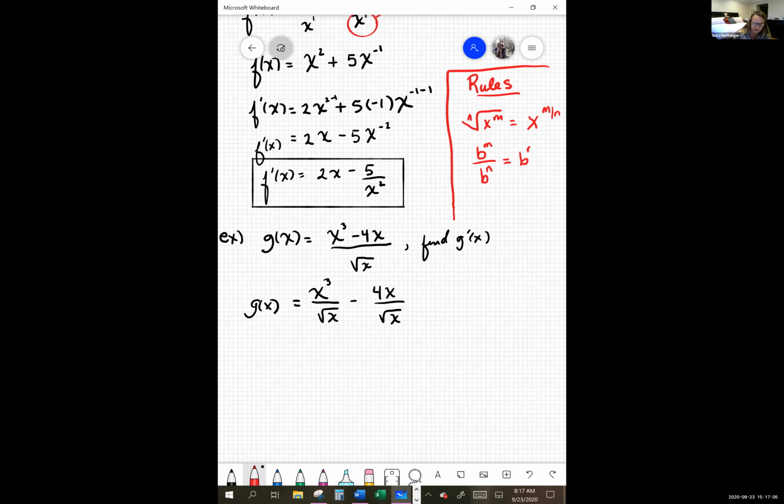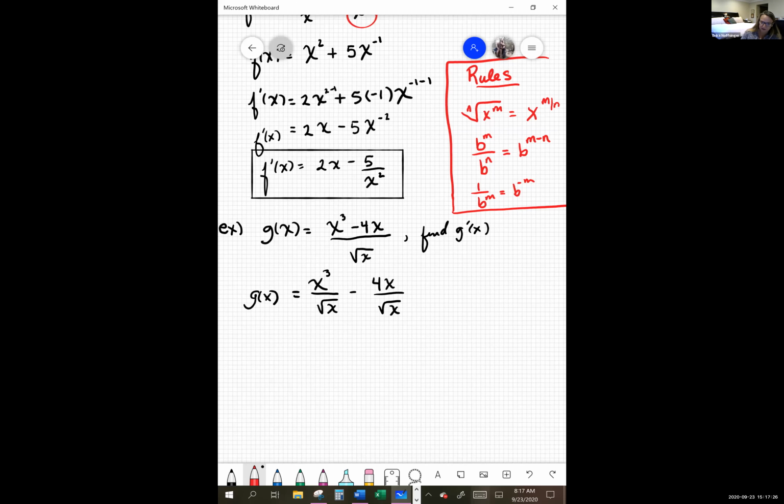Like this, we could subtract, taking the exponent on top minus the one on the bottom. There are just some rules that we were using, put up there in case you didn't remember them.